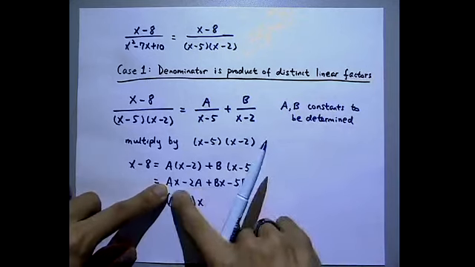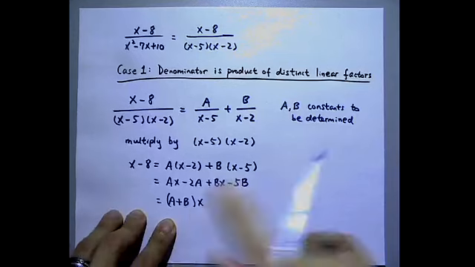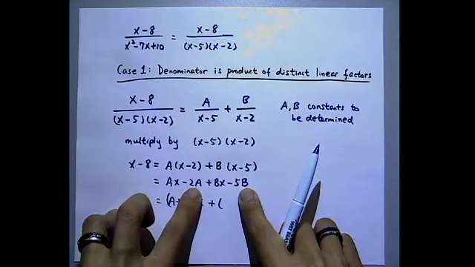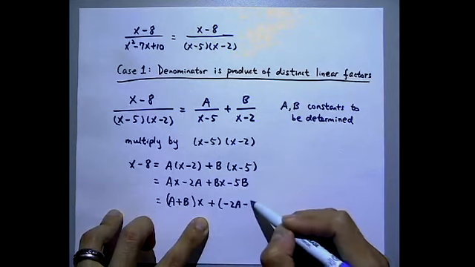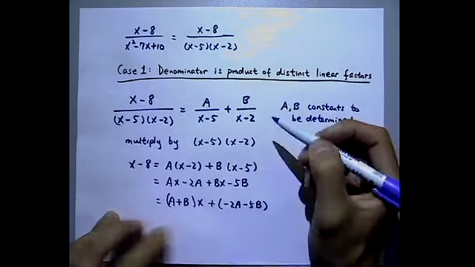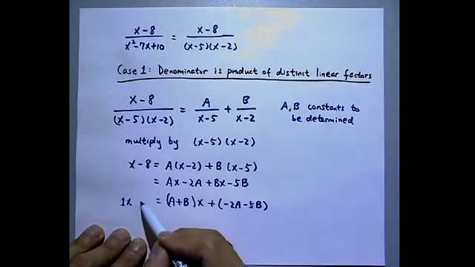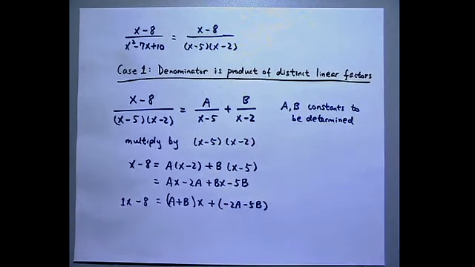Here's my Ax, here's my Bx. I put them together like that. And then I got two things that don't have x in them, minus 2A minus 5B. And the left side is 1x minus 8.